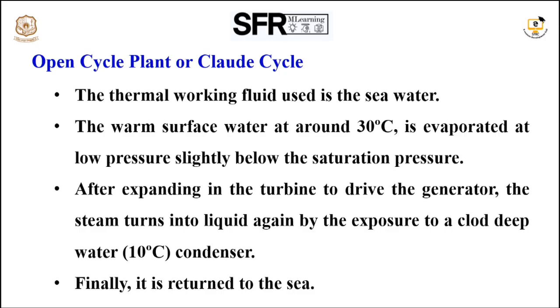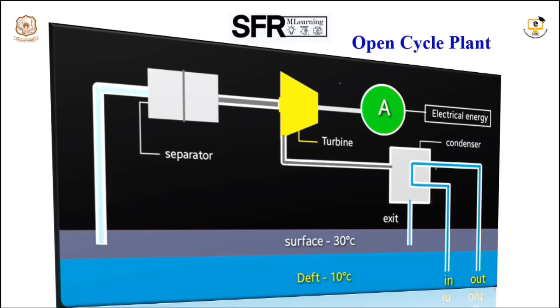So this is the basic fundamentals of how the open cycle system works, and this is the block diagram for the open cycle system. The temperature of the water at the ocean surface remains high because of the intensity of the light from the sun.